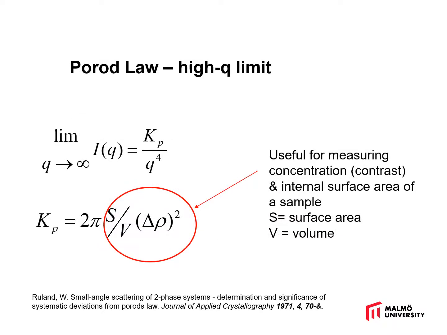The other limiting scattering law is at high Q. And what that says, as Q approaches infinity, is that there's some limiting behavior which is related to the amount of surface area between the two phases.